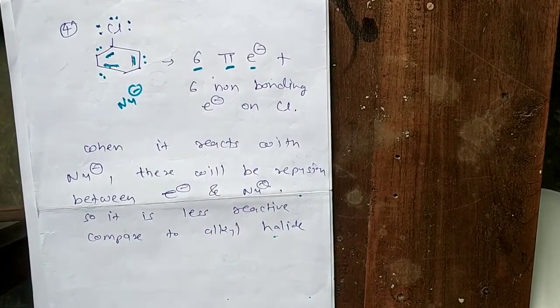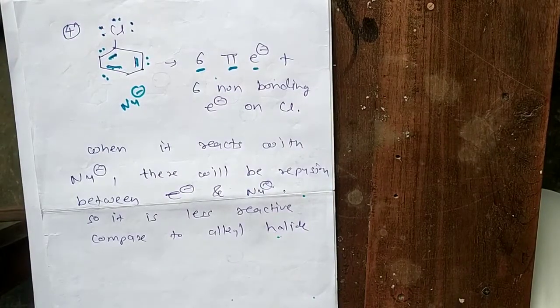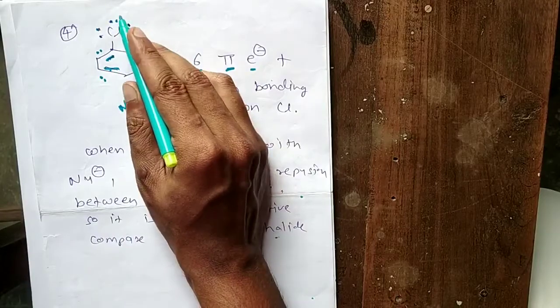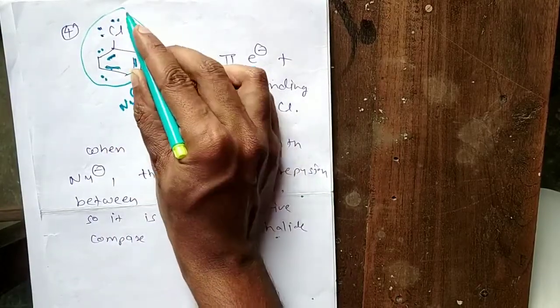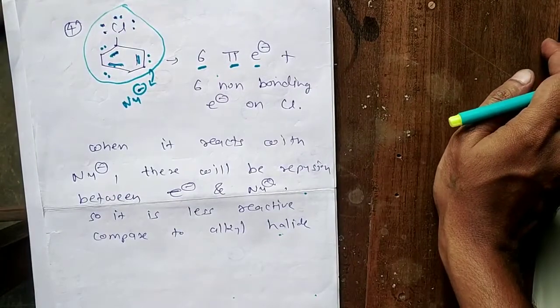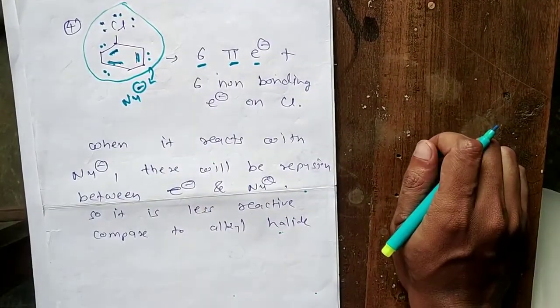Now if I try to react a nucleophile on it, meaning a negative ion, what will happen? This is a negative ion, and this structure is already having so much electron density, so there will be a repulsion between them, so it is less reactive compared to alkyl halide.